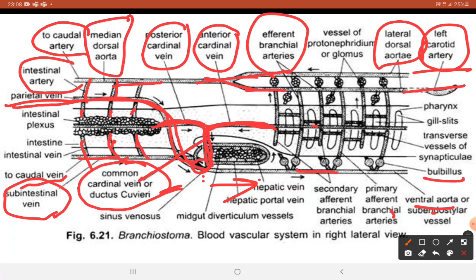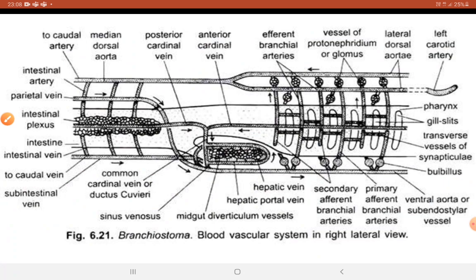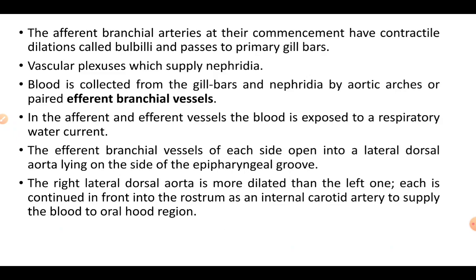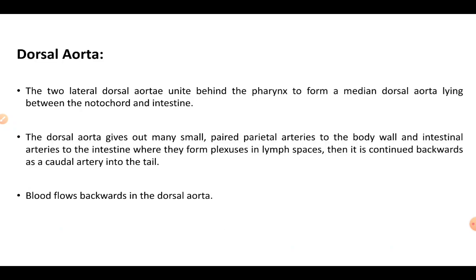So what you need to do is first note down the diagram properly, and beside the diagram note down the names of the major blood vessels that we discussed, and then note down to which region each supplies blood and from where it picks up blood. That makes your learning much easier. So this is all we have discussed so far, how the blood moves from one to the other.